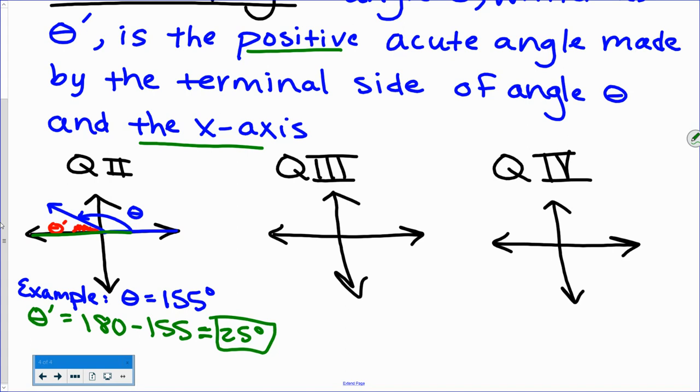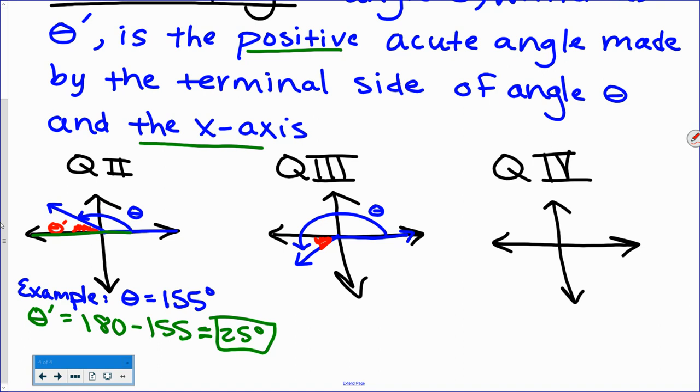Okay. Let's look at one for quadrant 3. So here's where it starts. I want something to end in quadrant 3. All right, so that would be theta. If I wanted the reference angle, so here's where this ended, but I need the positive measure back to the x-axis. So that little red blob would be the measurement of my theta prime.